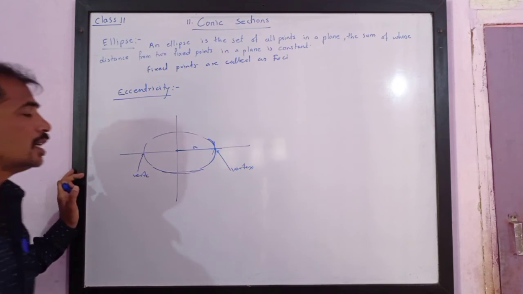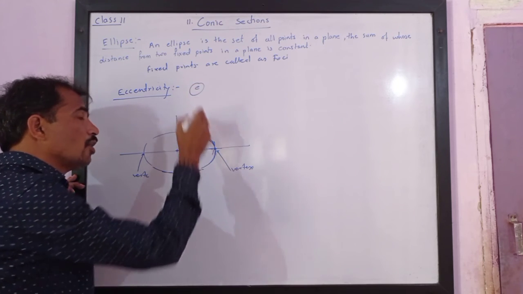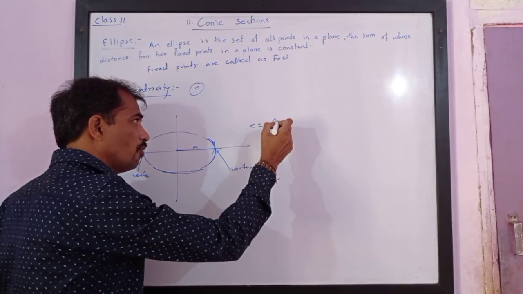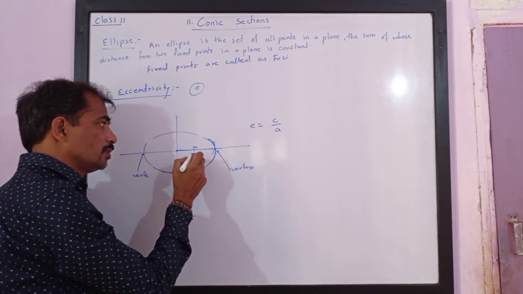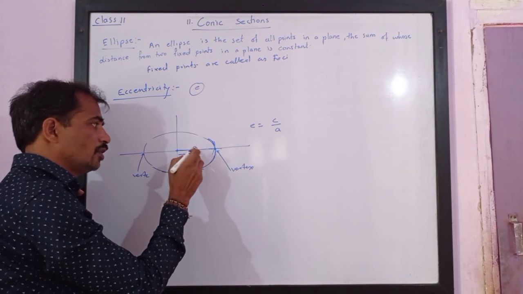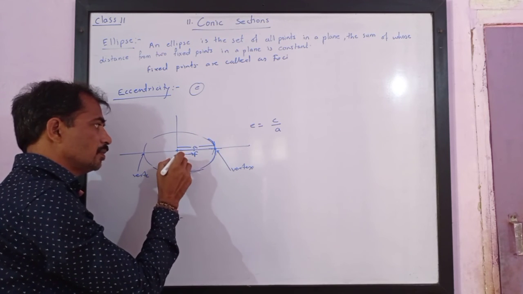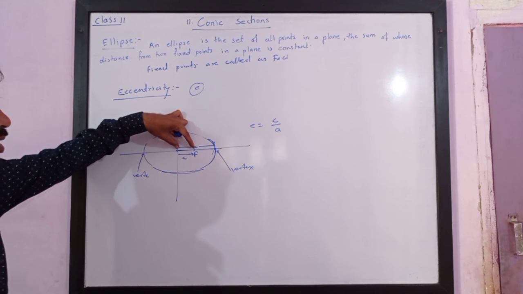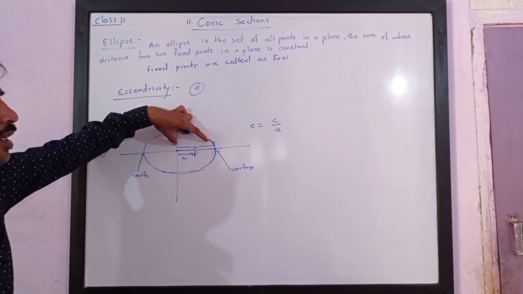Now eccentricity, which we are going to denote by a small letter E, is the ratio of the distance of the focus from the origin to the distance of the vertex from the origin.